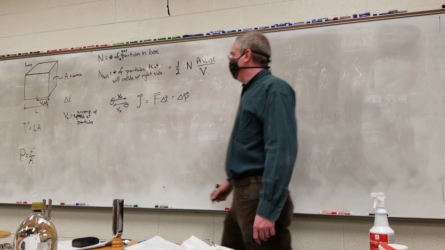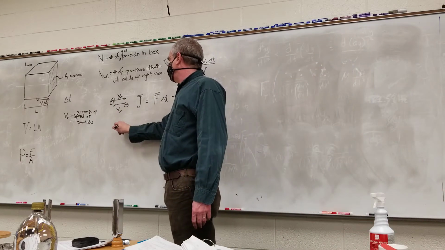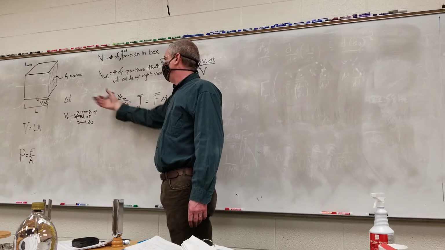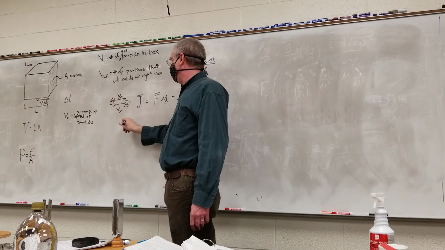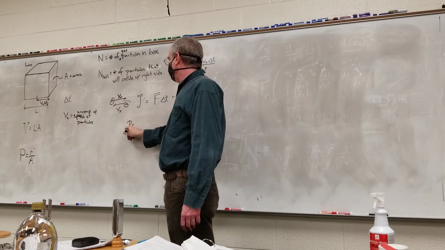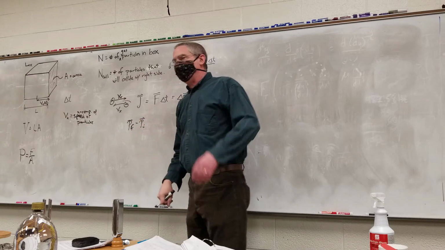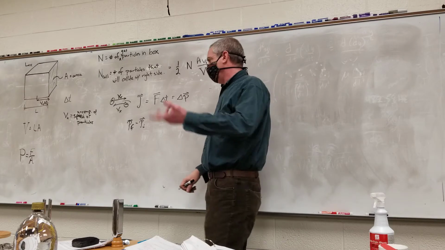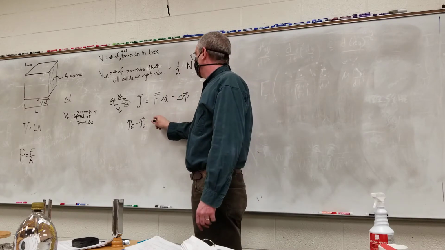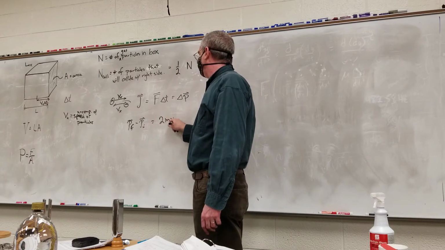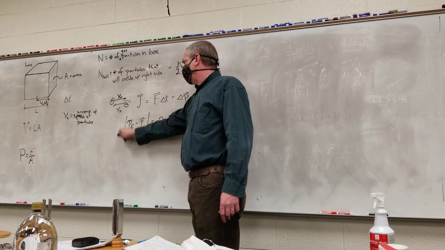The change in momentum is going to be the momentum afterwards minus the momentum beforehand, momentum final minus momentum initial. Since I'm only really caring about the x direction right now, again, we'll generalize it later, this just ends up being 2mvx. I guess that's the magnitude of that.